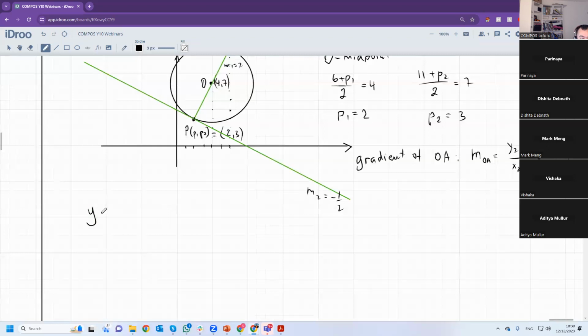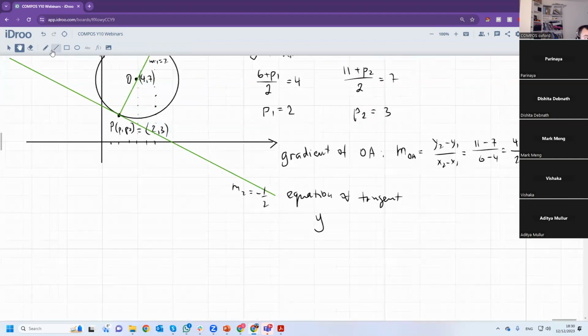So the equation of the tangent, I'm just going to write it here so it's a logical sequence: y minus y1 is equal to m(x minus x1), and I know that it is y minus 3 equals m, which is minus 1/2, open bracket, x minus 2.